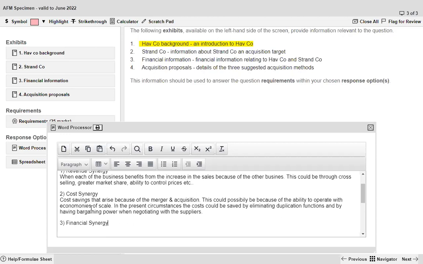The financial synergy is basically the financial impacts, including reduction in gearing, the tax savings, and the additional debt capacity which could arise from the combination.